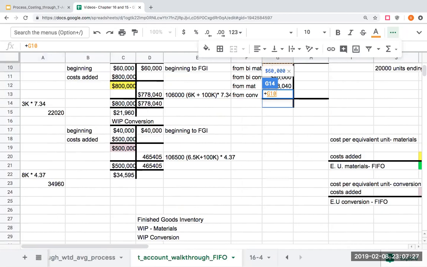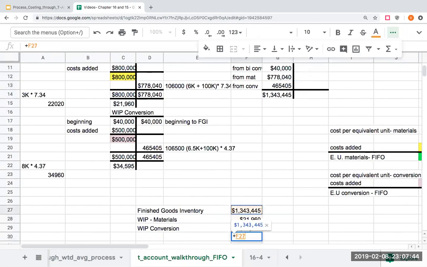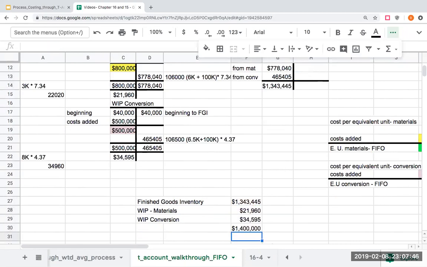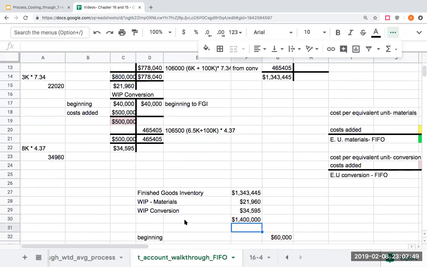So this is going to be 60 plus 40 plus $1,343,445. This is going to be $21,960, and this will be $34,595, for a total of $1.4 million.